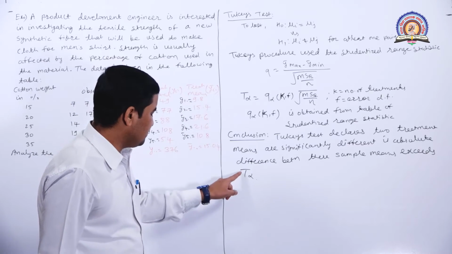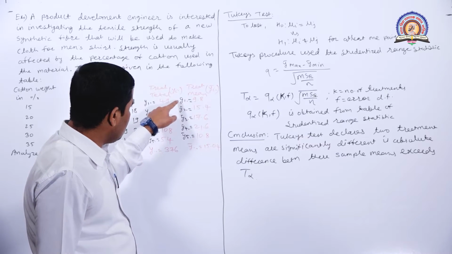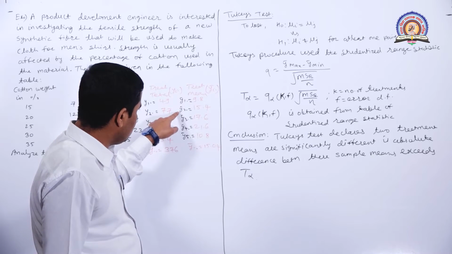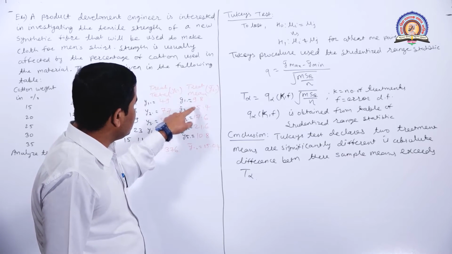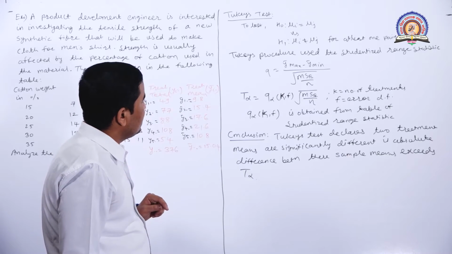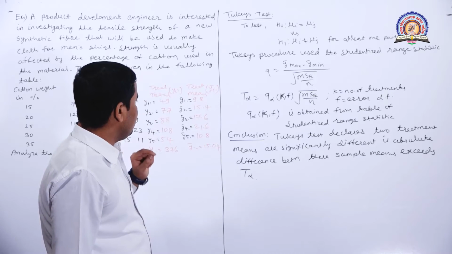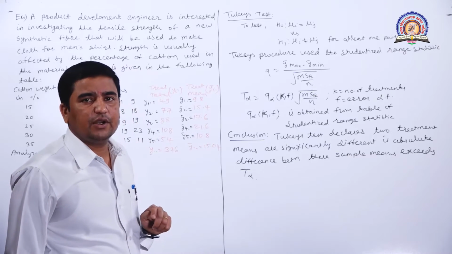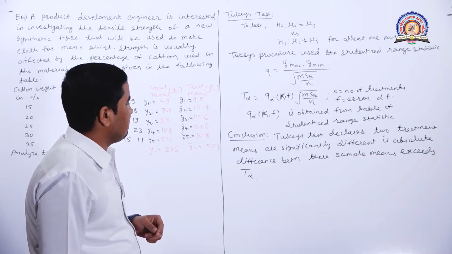What do we mean by absolute difference? Suppose you take the mod of y bar 1 dot minus y bar 2 dot, means mod of 9.8 minus 15.8. If this value exceeds T alpha, then we can say that the means of these two treatments, first and second, differ significantly, otherwise their means are the same.